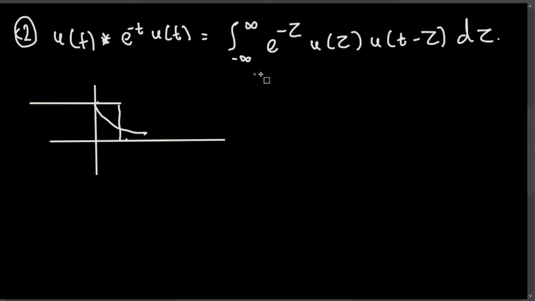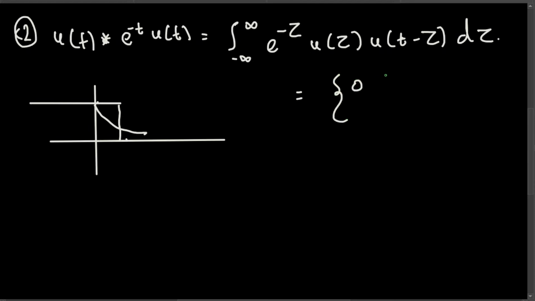Okay, so let's find the expression for this one. If I express this in terms of a piecewise function, this is 0 when the time is less than 0. So we know that this is 0 when the time is less than 0.